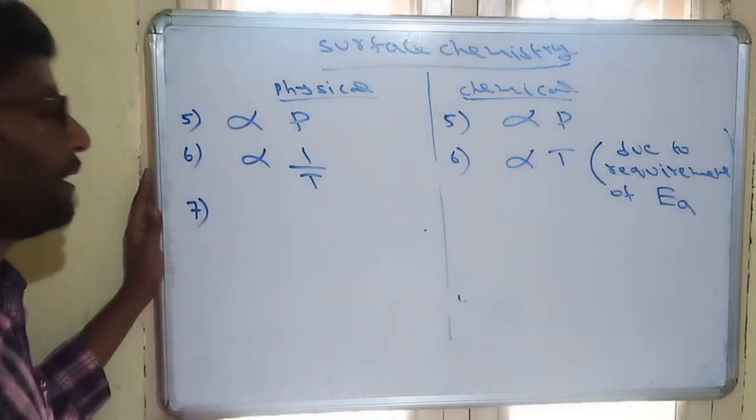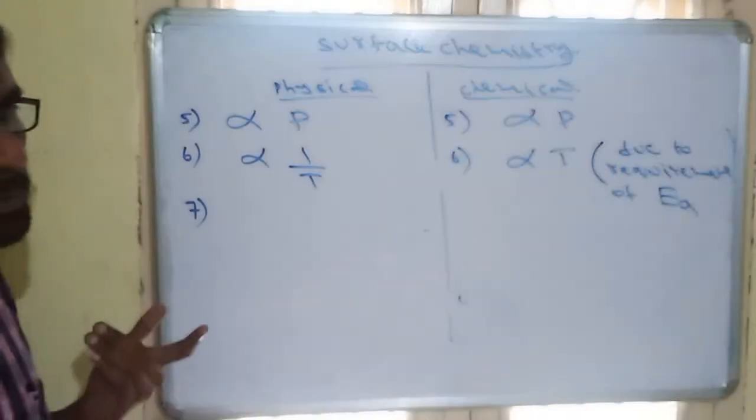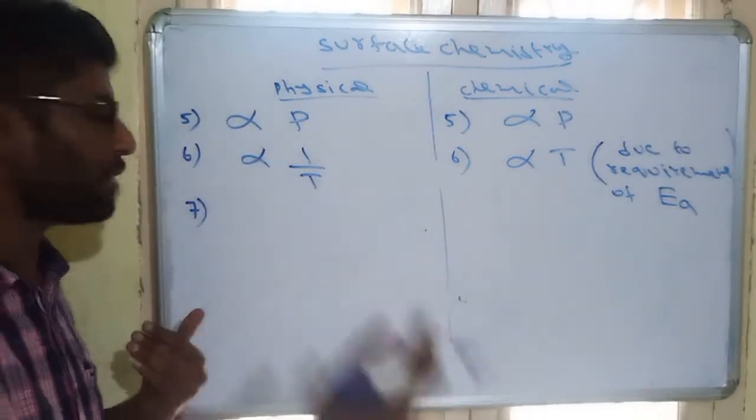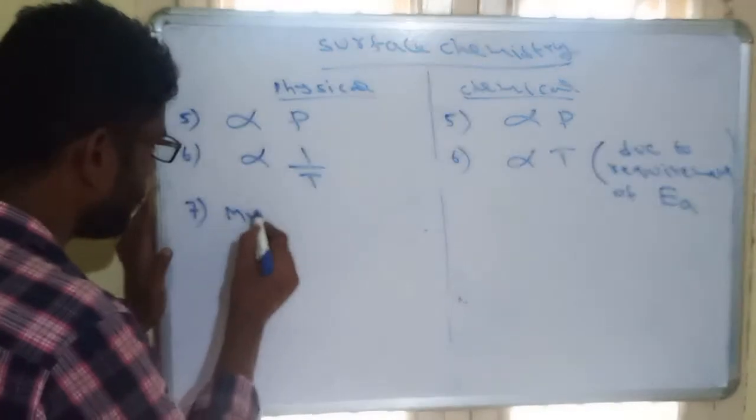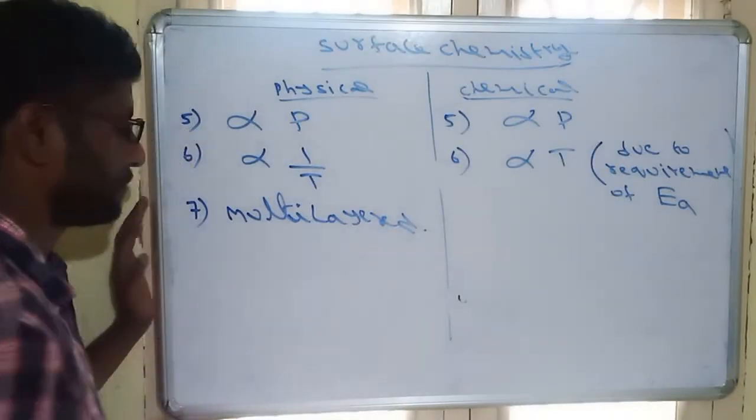Another point: under high pressure, if you increase pressure on physical adsorption, a greater number of layers will be formed. That's why it is called a multi-layered structure.